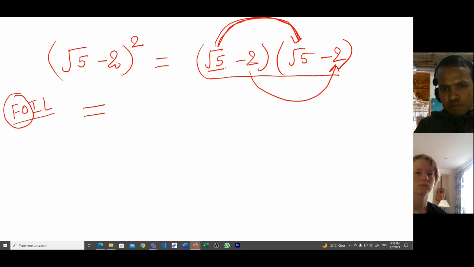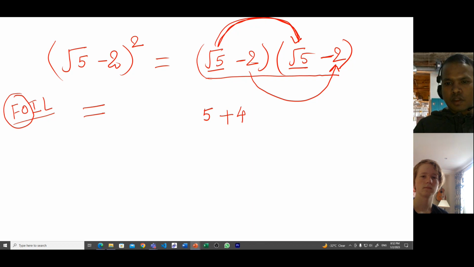Square root 5 times square root 5 is 5, and minus 2 times minus 2 is plus 4. So this is up to FO, that is first, outside.